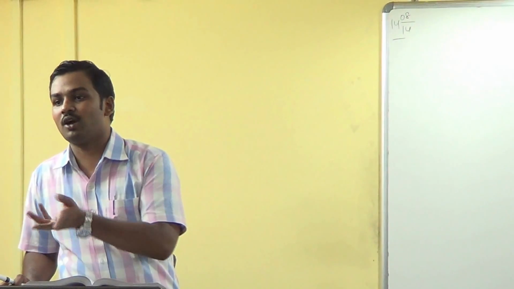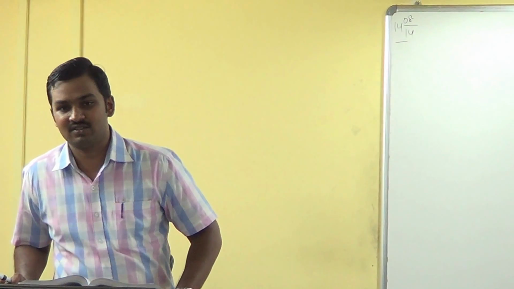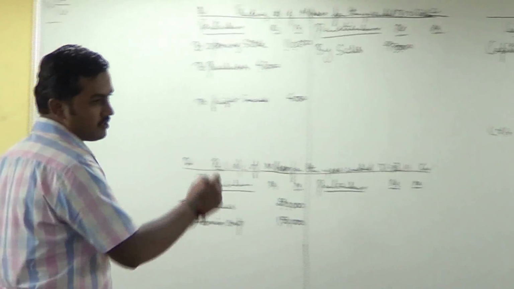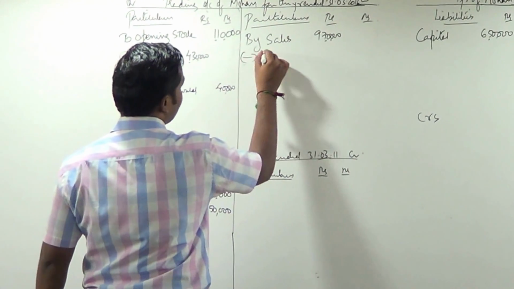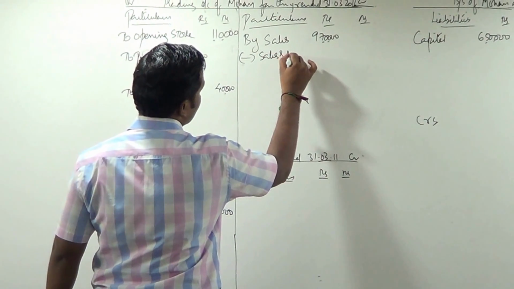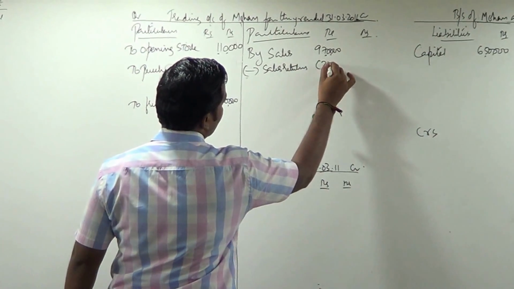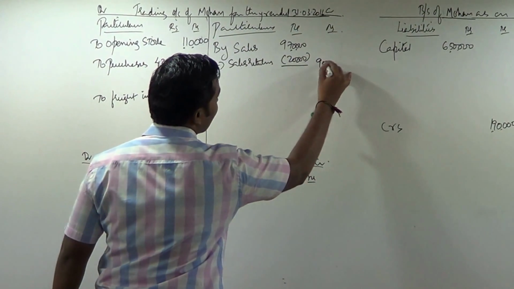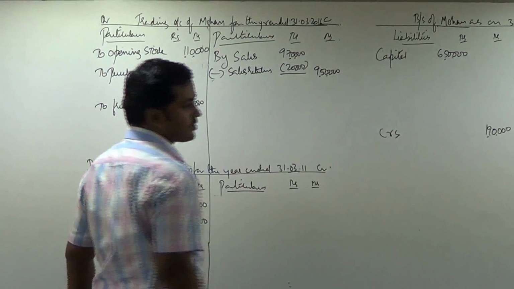The credit item is opposite, purchase returns. So the debit column, whatever amount is given, relates to sales returns. What do you do with sales returns? You subtract it from sales. Sales returns, how much is it? 20,000. Now the net amount can be shown in the outer column, 9,50,000.